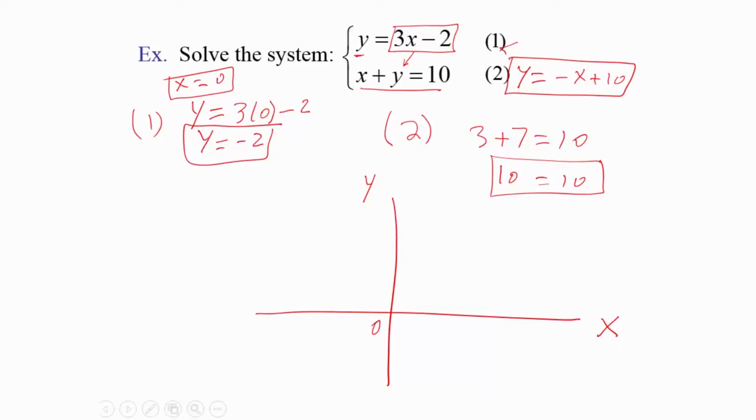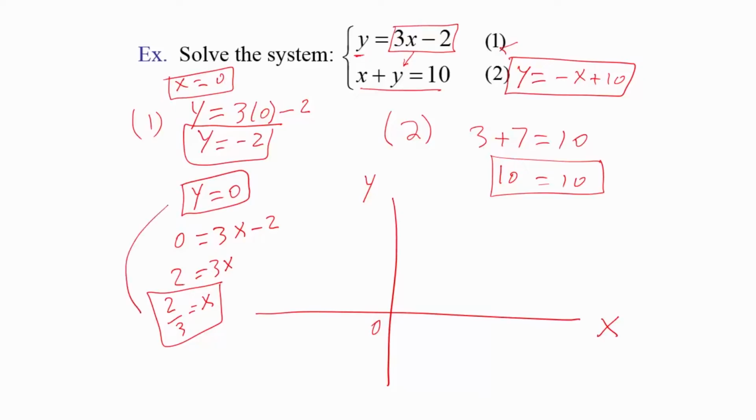That's one point. Another point, when y is equal to 0, how much is x? Again, dealing with the first equation, that would be 0 equal 3x minus 2. That means 3x is equal to 2, so x is equal to 2/3. So these are 2 points. One point is x of 0 and minus 2 for y. The other one is 2/3 and 0.